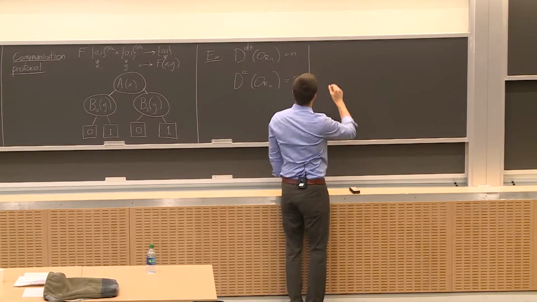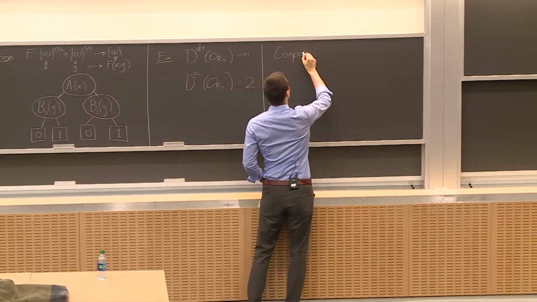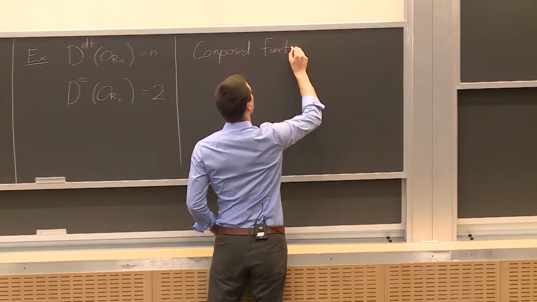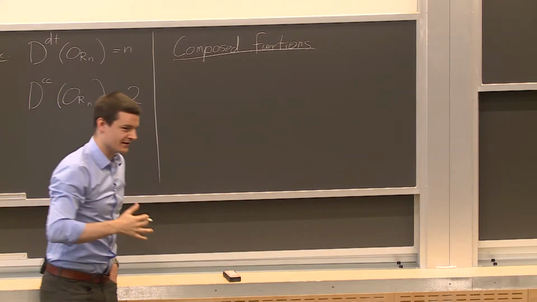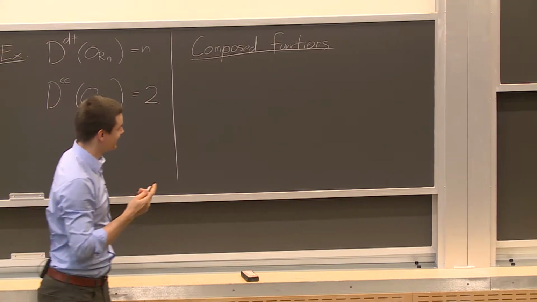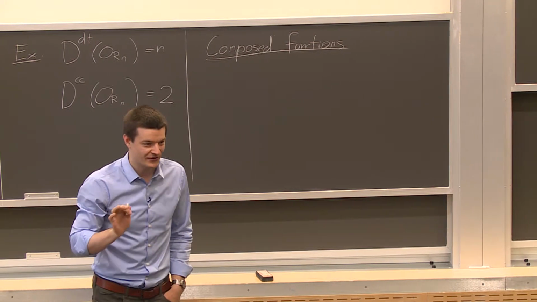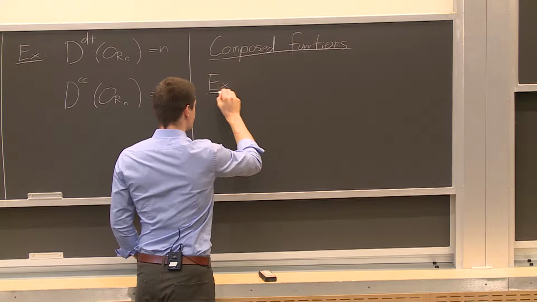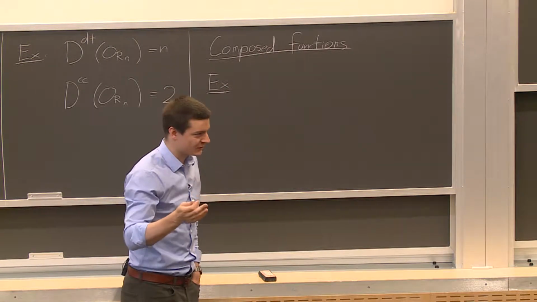So let me introduce these. I'll do it again through an example. So maybe the most important, not maybe, definitely the most important composed function is something called set intersection, or sometimes called set disjointness.